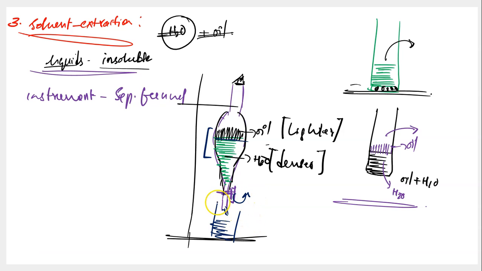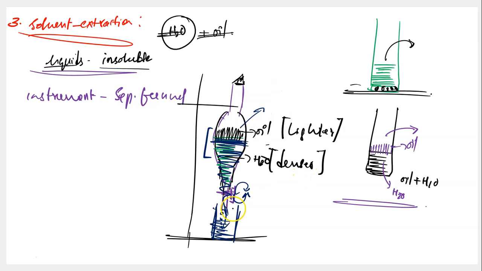You need to make sure the flow is drop by drop, or at least slow, to avoid any kind of unexpected interventions over here. So after you collect this bottom layer, once it is all extracted into the beaker, you would have to turn off the tap, and then you will be having this particular separation funnel containing the top layer.